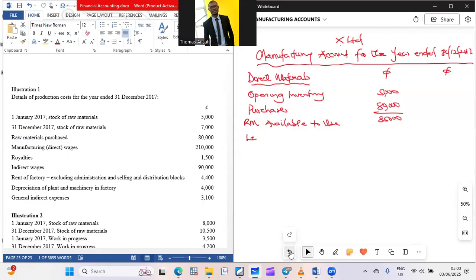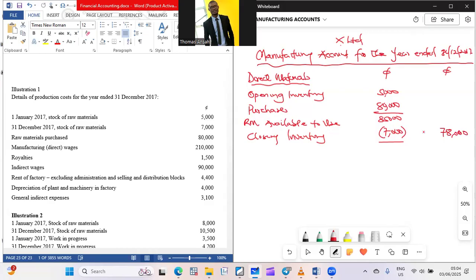You don't need to really write the "less" and all those things, just write closing stock or closing inventory, but know that it is for the raw material. Do we have it? Yes, here you are, 7,000. When we take it out, what do we have? 78,000, right? So that gives us the cost of the material.